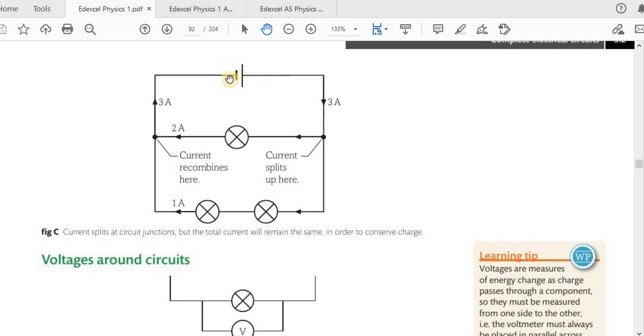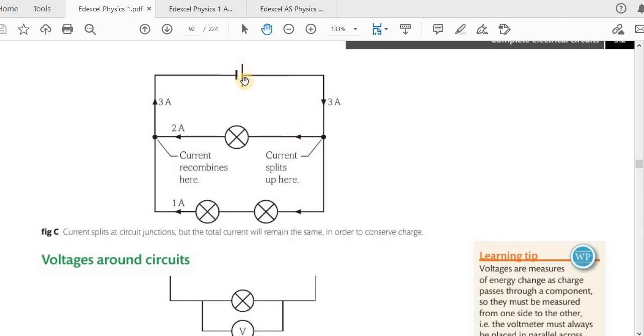So these electric charges are pushed through the circuit by the power supply. The battery acts like a pump for the charges. So it gives energy to the charges and pushes them around the circuit.